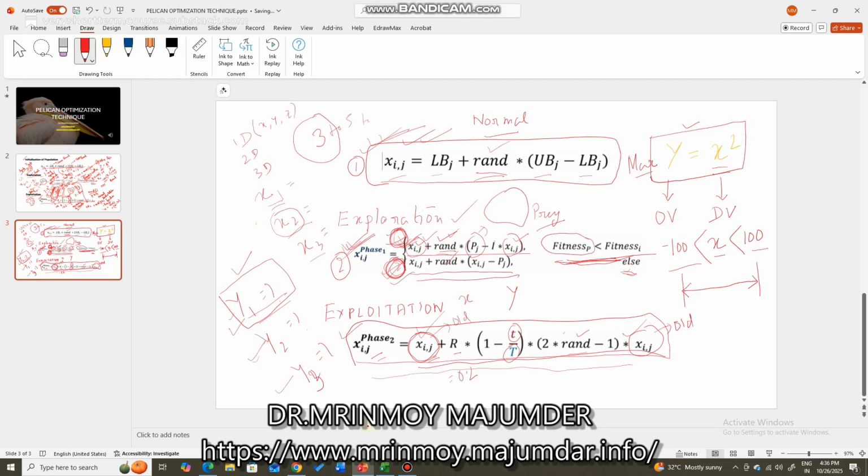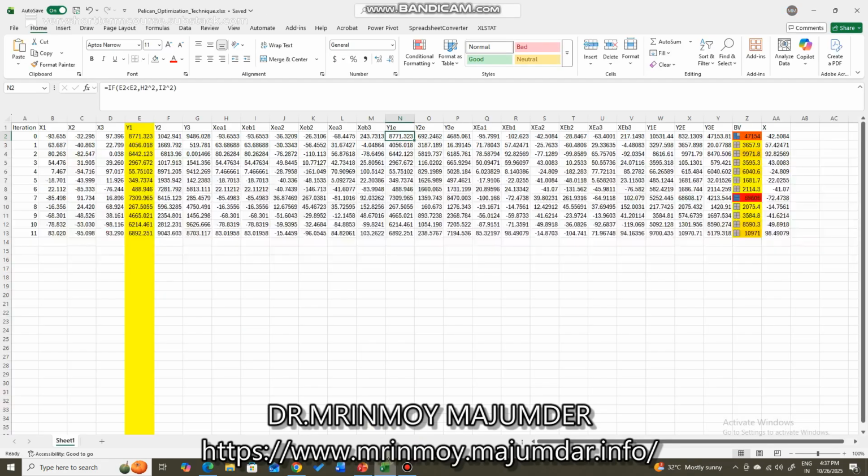But in the exploitation phase, you compare with the y's that you found from the exploration phase, because we are updating the position. If the optimal y is already identified in the exploration phase, we cannot ignore that, so we have to compare with the exploration when checking at the exploitation.